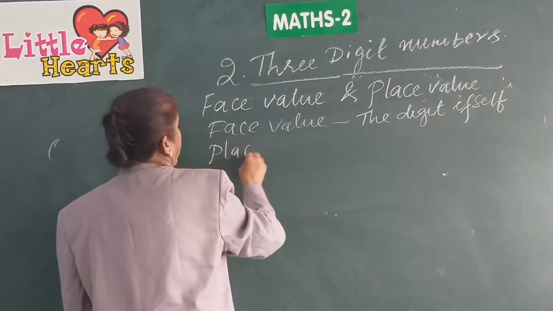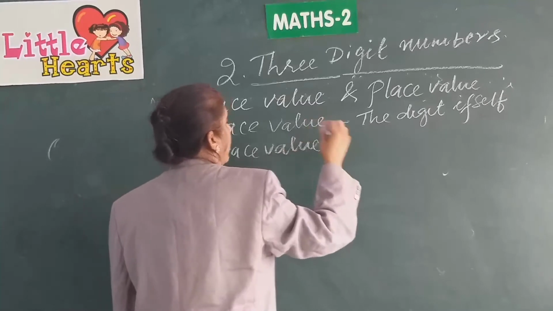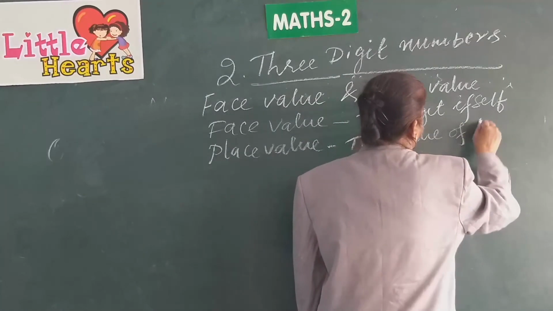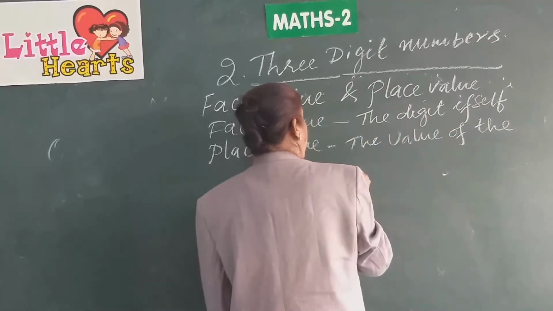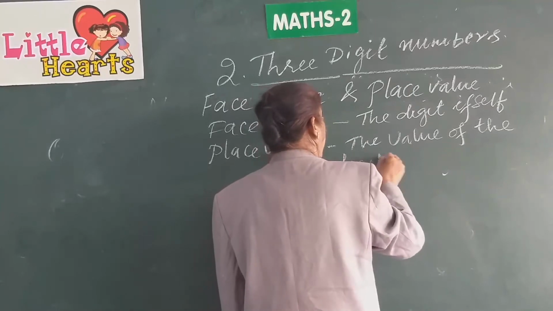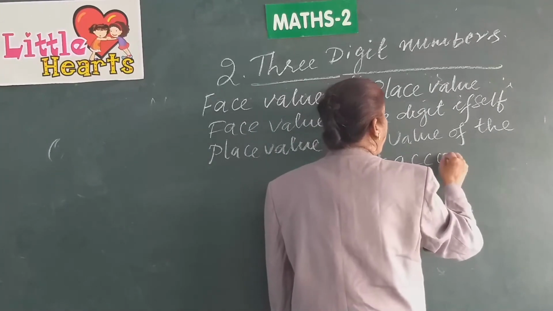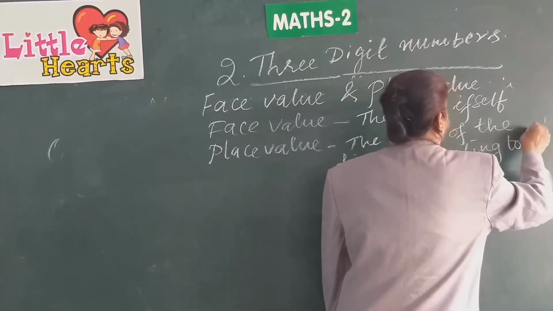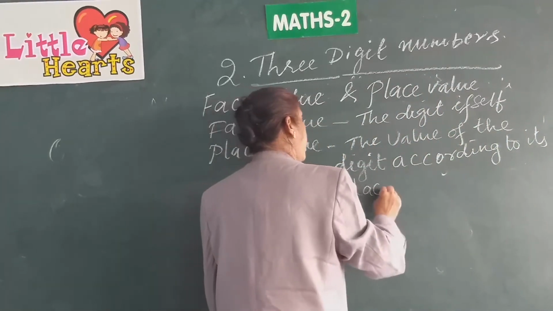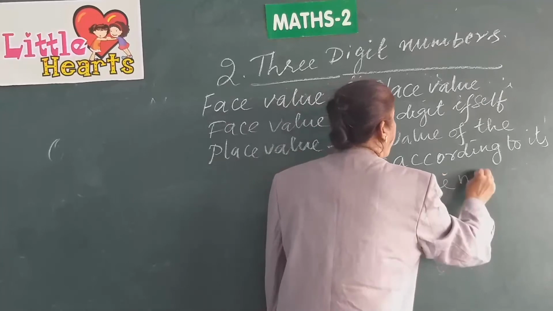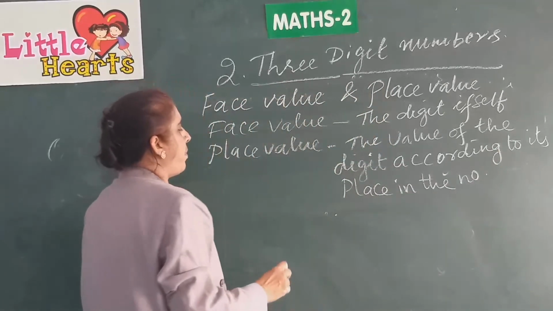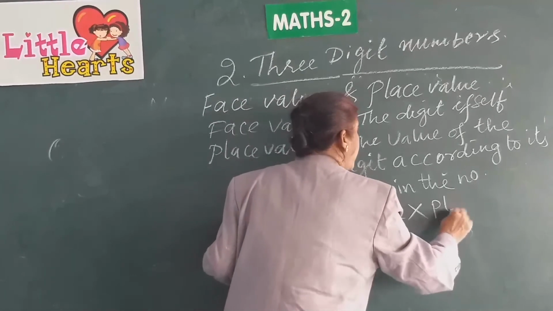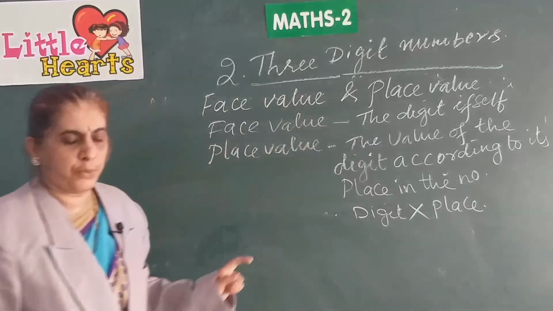Place value is the value of the digit according to its place in the number. How do you get the place value? The digit multiplied by its place. Digit multiplied by its place, we get the place value.